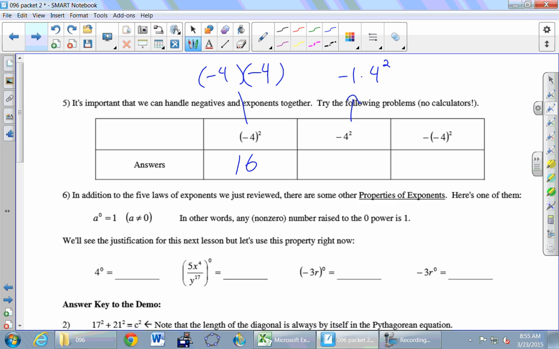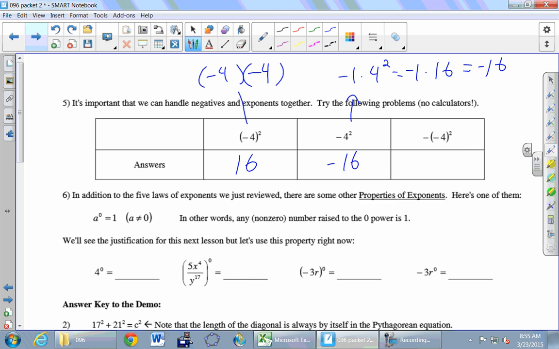So which goes first, the multiplication or the exponent? According to PEMDAS, exponents come before multiplication, right? So we're supposed to do that exponent first, leave the multiplication until the end. So this is -1 times 4 squared, which is 16. And -1 times 16 is -16. And that's the answer to this one.